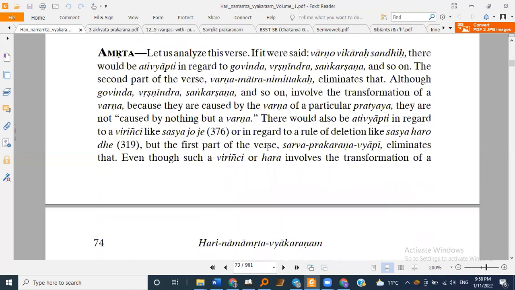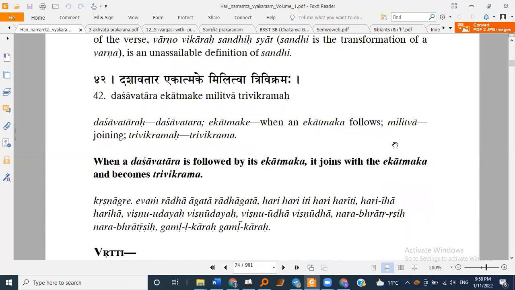The first sutra says: Dashavatara ekatmake militva trivikrama. What's a Dashavatara? Dashavataraha. Right. And what's a Trivikrama?